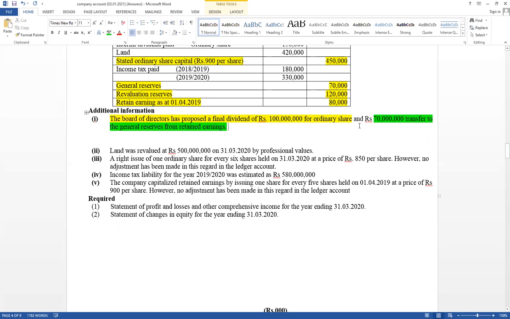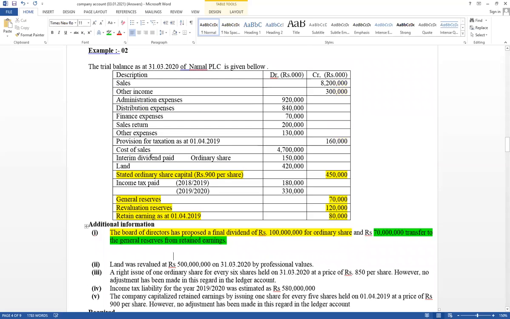There are two transactions available here. First one, proposed dividends for ordinary shares 100,000, and transfer to the general reserves 70,000. The trial balance has interim dividends paid also. Think about this part, interim dividends paid. Dividends paid during the current period. Therefore, this value should be adjusted.